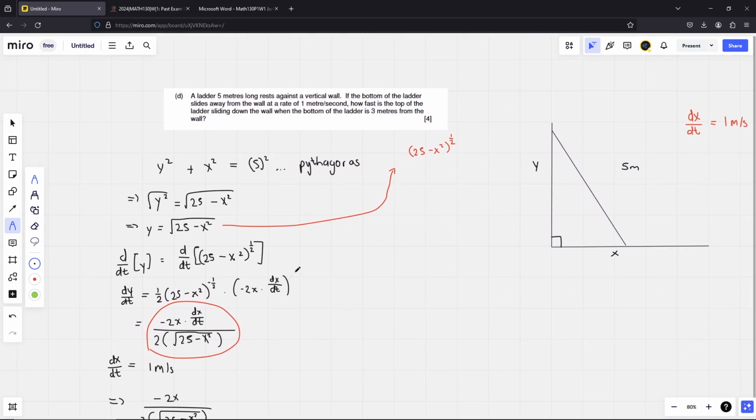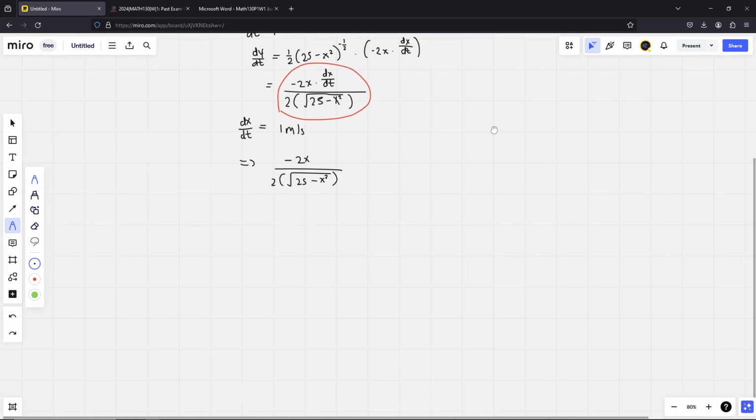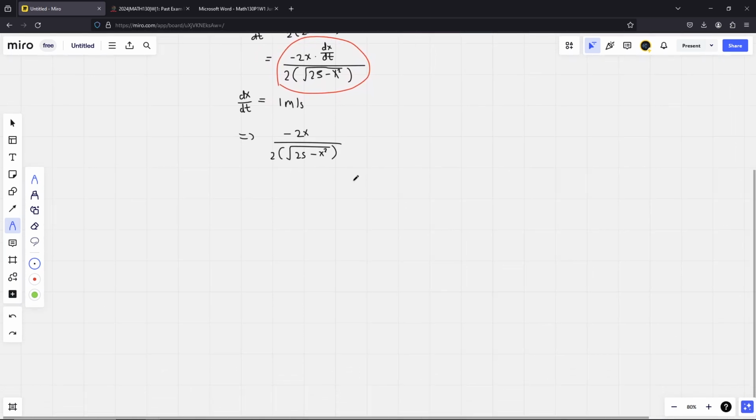Okay, so they want to know how fast is the top of the ladder sliding down, or in other words, how fast is y sliding down when the bottom of the ladder is 3 meters from the wall, or in other words, when x is 3 meters away from the wall. So we have given that x is going to be 3, so we can sub in 3.